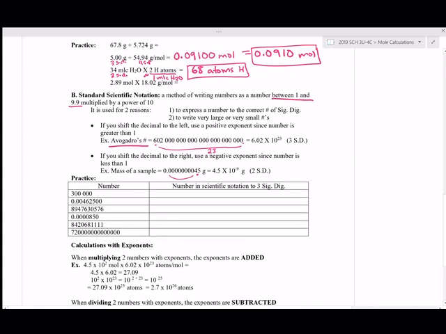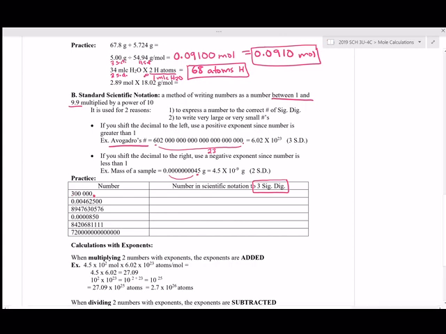In this chart, I've asked you to do them all with 3 significant digits. They don't have to be that way, but that's just what we're going to do for examples. So here we've got 300,000. Currently the decimal is sitting here. If we're putting it in scientific notation, the decimal is going to have to go after the 3. Why?